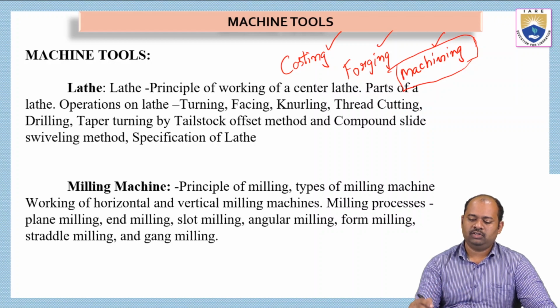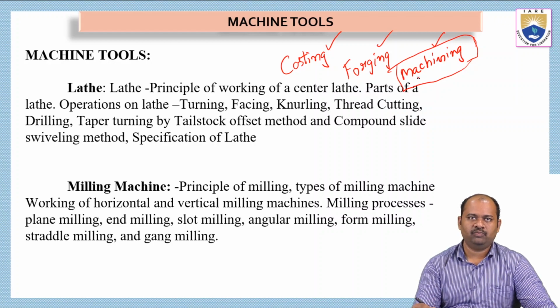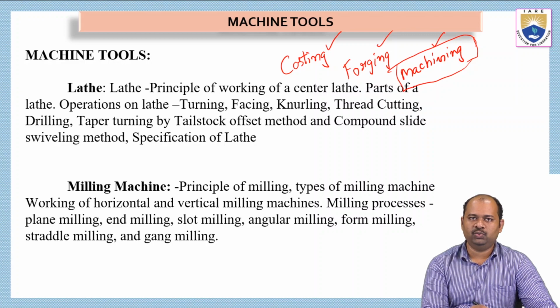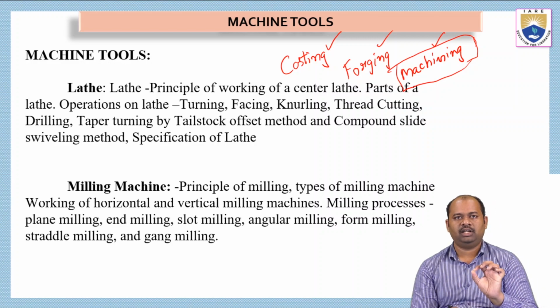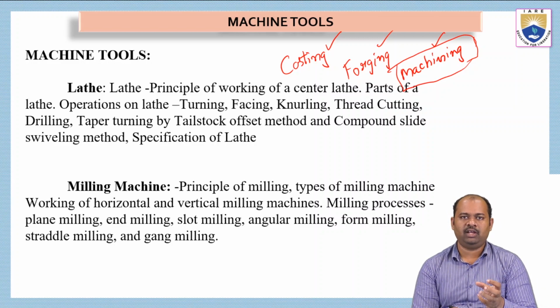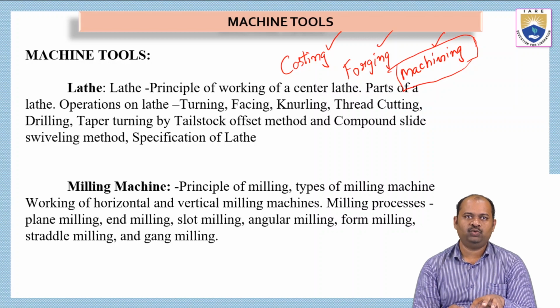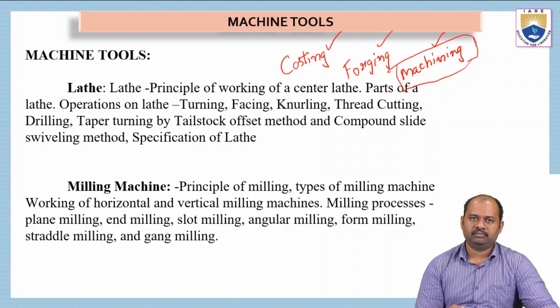In machining processes, we use these machine tools. There are multiple machine tools available in industry, starting from the lathe machine, drilling machine, and other machines like the milling machine. Depending on the application and the type of machining we have to apply on the workpiece, we choose a particular machine.